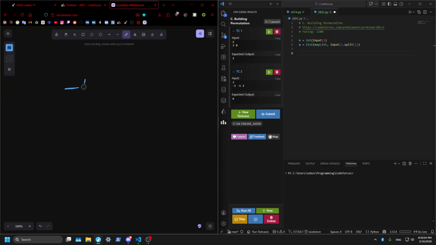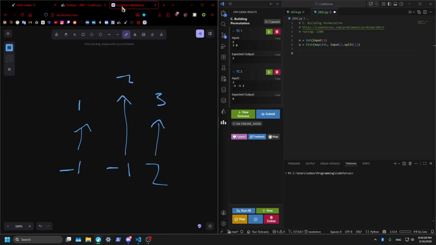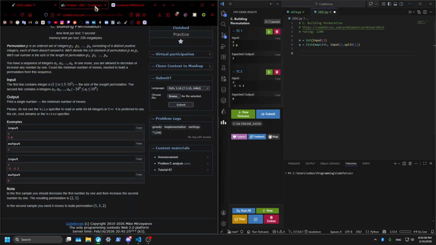Okay. It's already sorted. Move this up to 1. Move this up to 2. Move this up to 3. 1, 2, 3, 4 moves. 6 moves. This requires 2 moves. 1, 2, 3, 4, 5, 6. Okay. I think this is just the solution then.